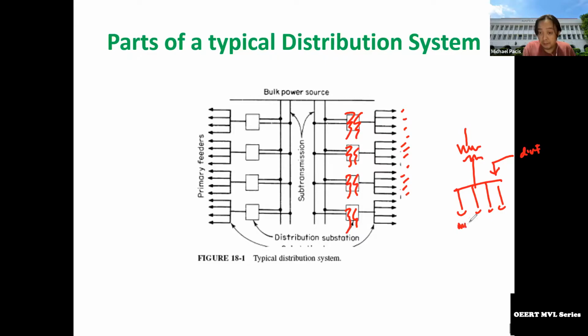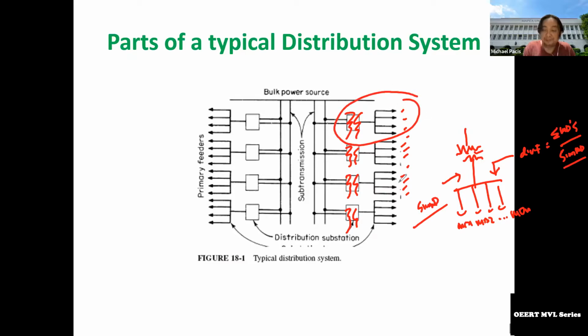If your maximum demands, MD1, MD2, hanggang MDN, get the summation of those and then divide by the simultaneous maximum demand. So your diversity factor is the summation of all your maximum demands over your MD, o simultaneous maximum demand from your substation. So ito rin yan, yung mga yan.